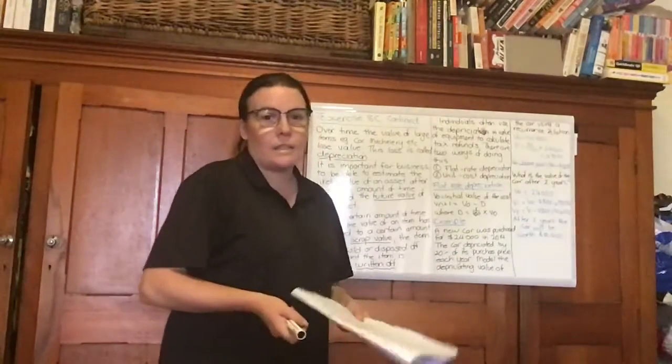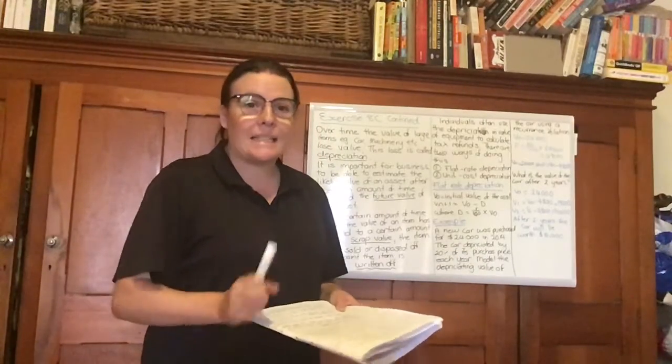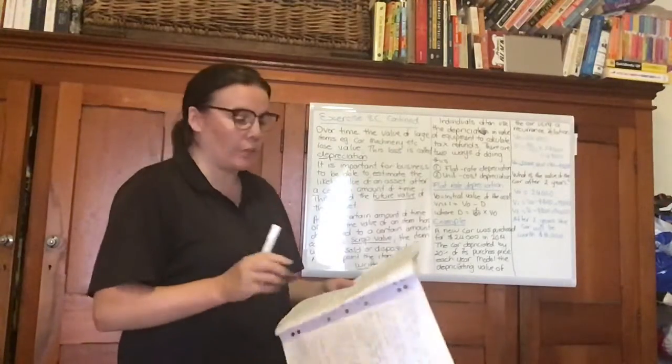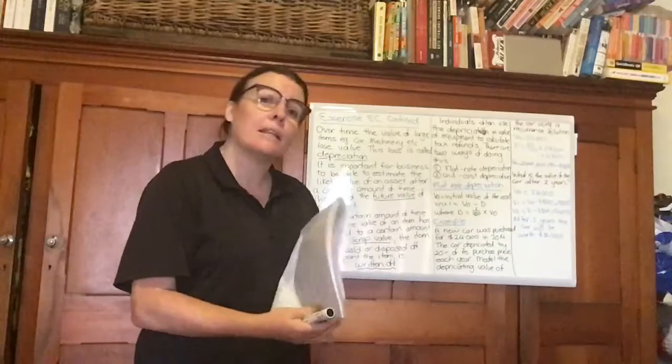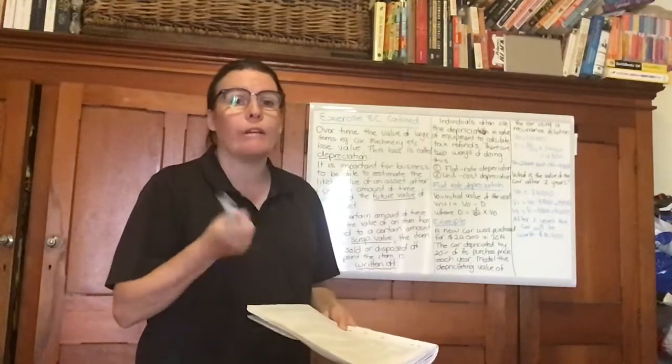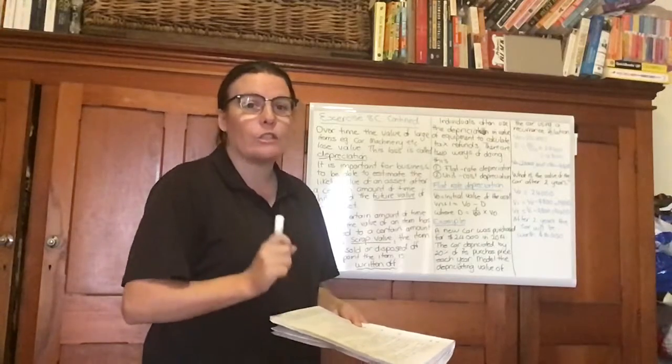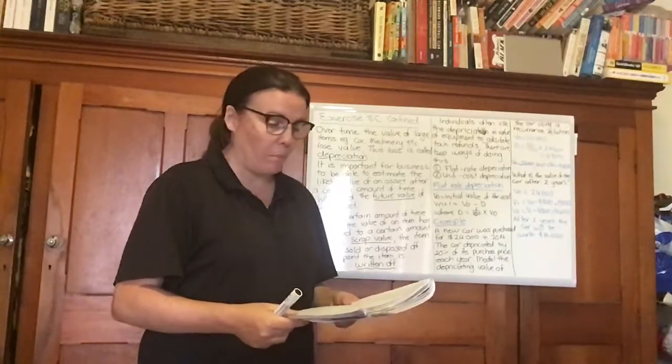Okay, so we're going to continue on with exercise 8C, and we're going to be looking at depreciation. So in the last part of the lesson, we focused on investments and loans. For this section, we're going to focus on depreciation.